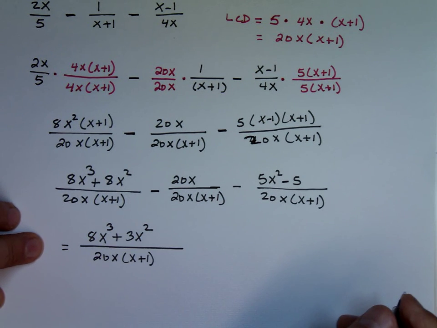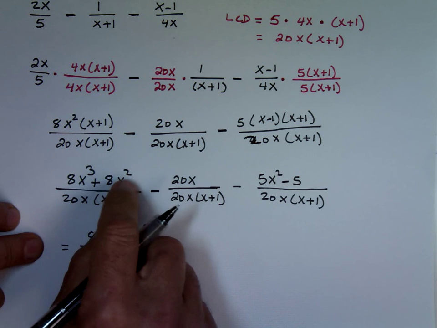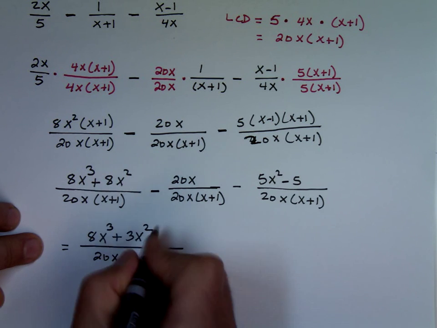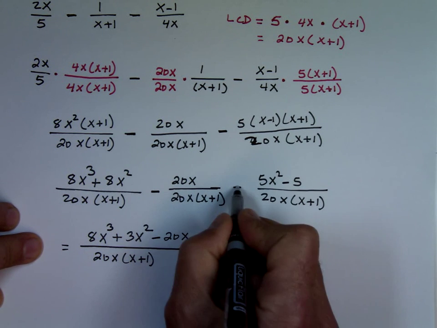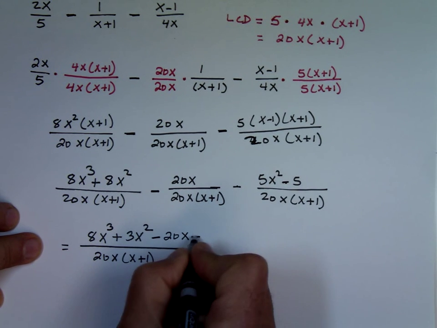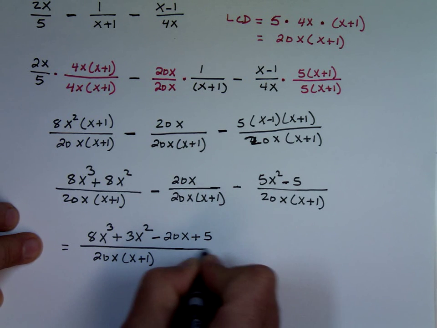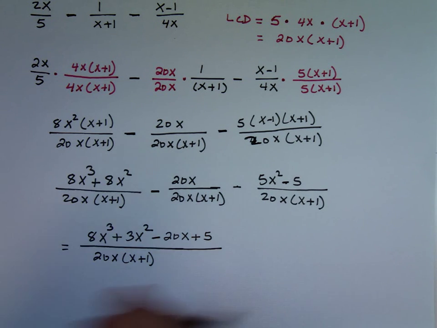There's nothing. There's a negative 20x. And minus a minus 5, that's a plus 5. And I get 4 terms. I could be thinking about factor by grouping, but I'm not going to get a common factor to them. So that's really the end of the problem here.